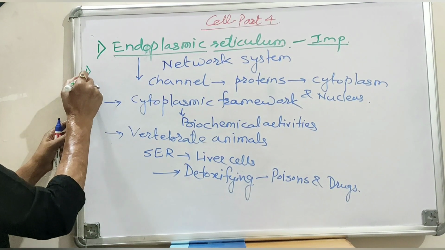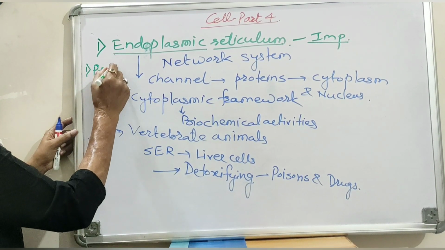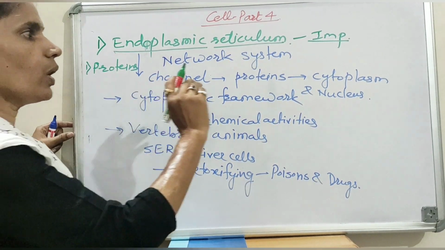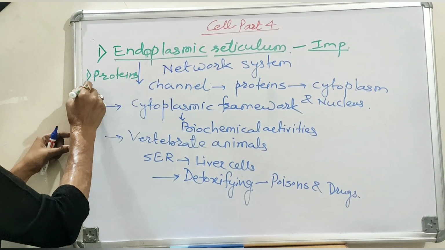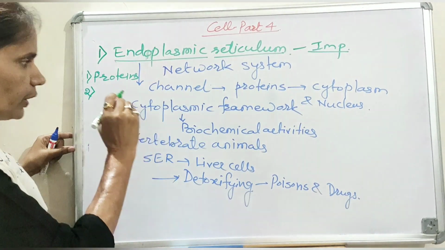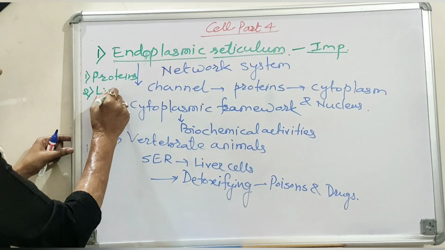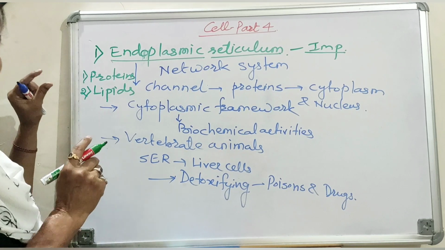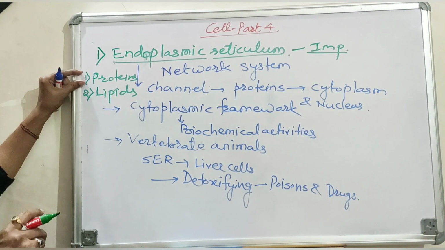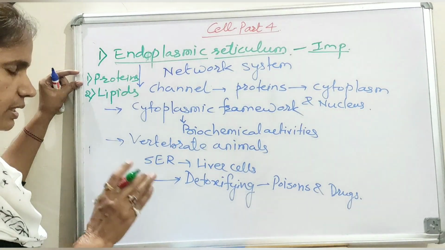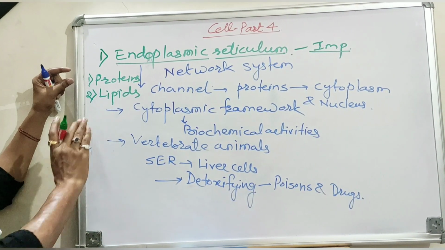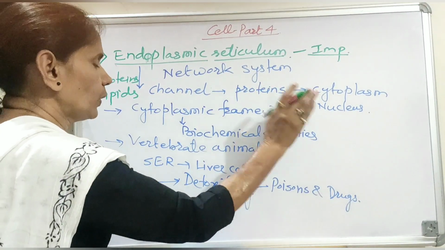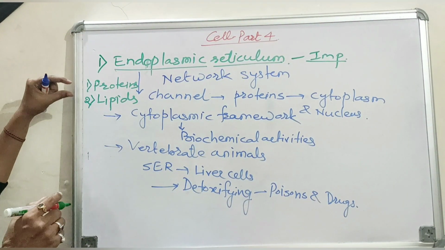The first function is transporting the proteins to various regions of the cytoplasm, or from the cytoplasm to the nucleus. Second, the smooth endoplasmic reticulum synthesizes lipids. Some of the proteins synthesized on the rough endoplasmic reticulum act as enzymes which are essentially required in various reactions, and some of the lipids synthesized by the smooth endoplasmic reticulum act as hormones.